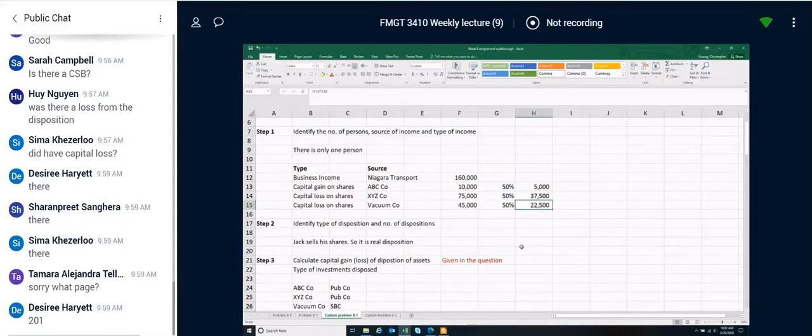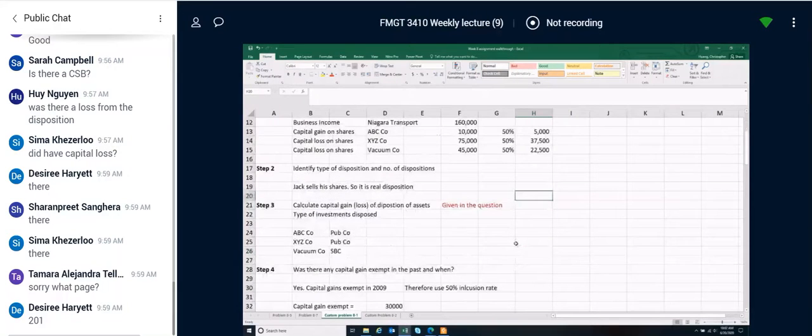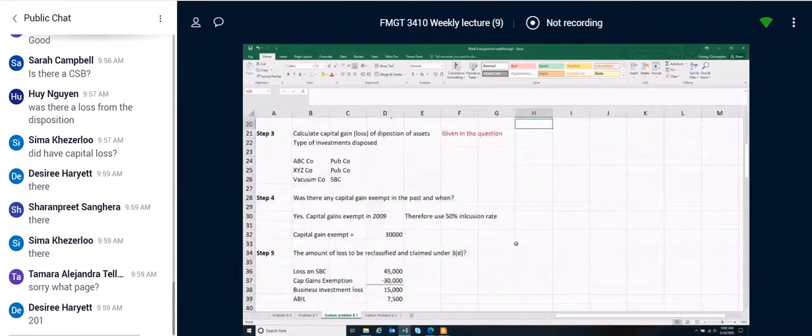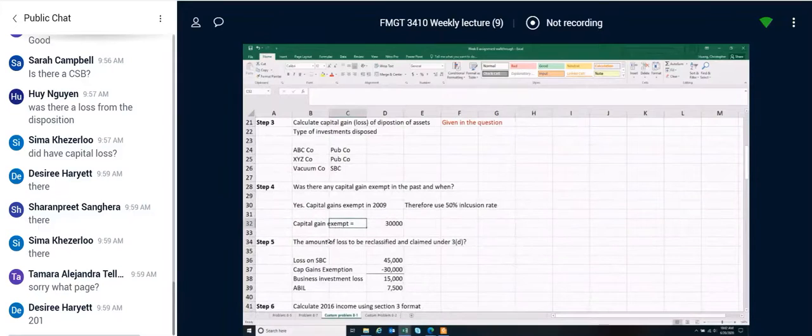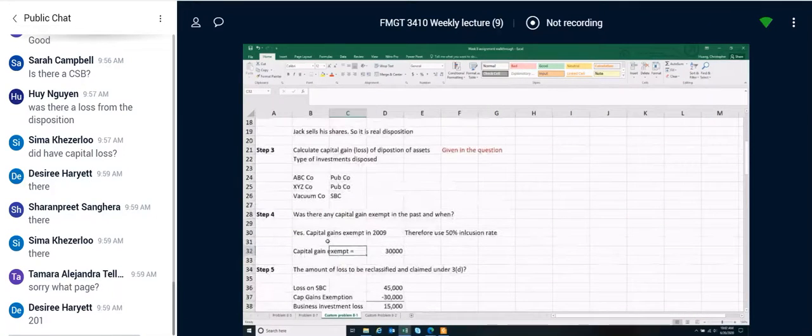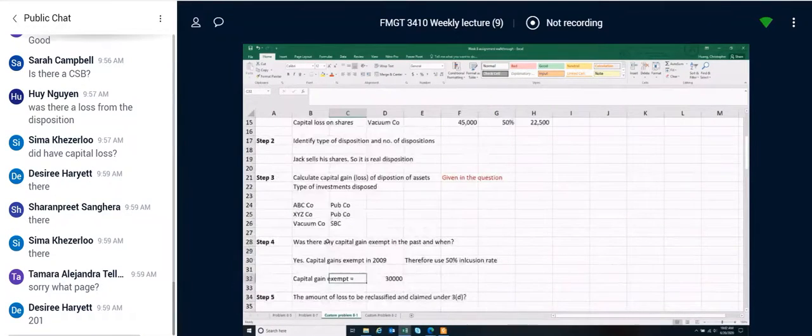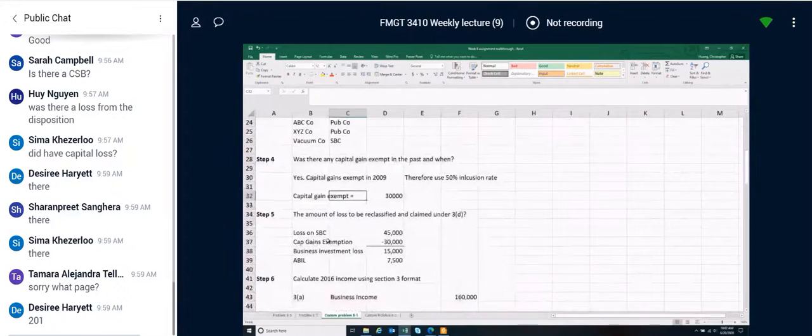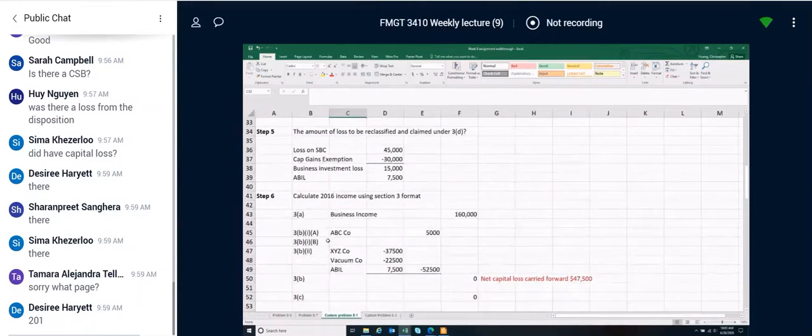Okay. So if we take a look here, and we look at our numbers, you're going to have a 5,000 gain first. Now you're going to have 37,500 from your XYZ Co. The 22,500 Vacuum Co loss.